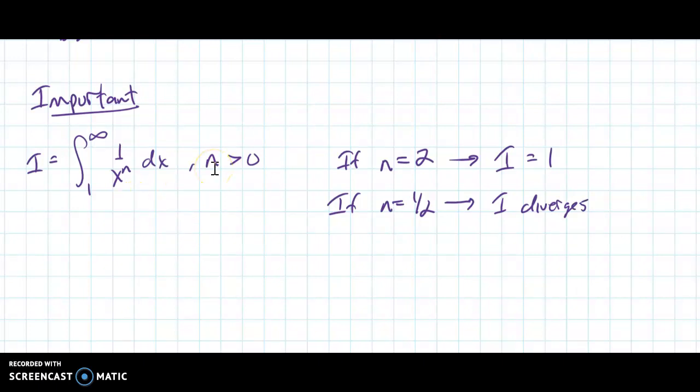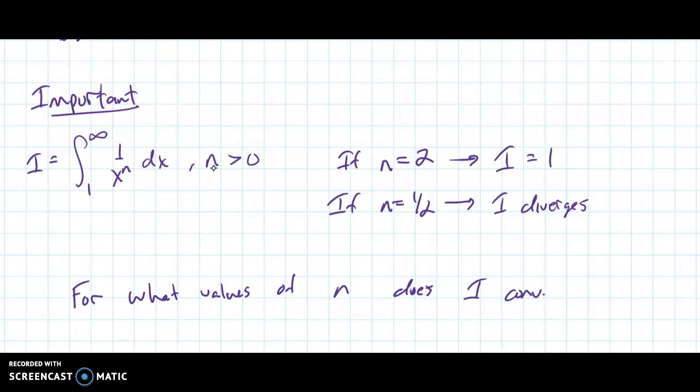So the natural question that comes up, and I want you to think about this, and I think that if you can think in your head about how the power rule works, and when integrating, we add 1 to a value. So my question becomes, for what values of n does I converge, which means it goes to a number.